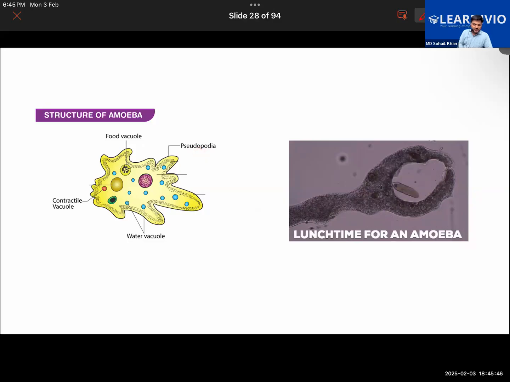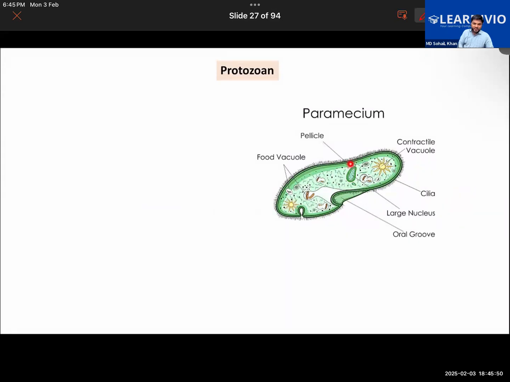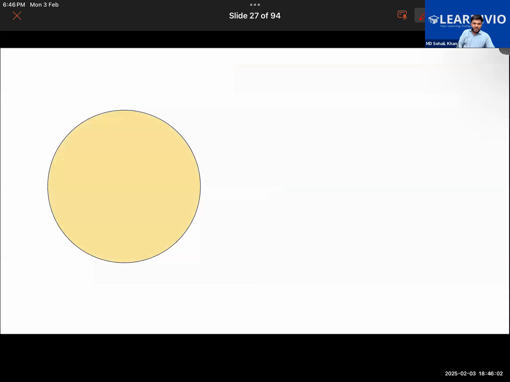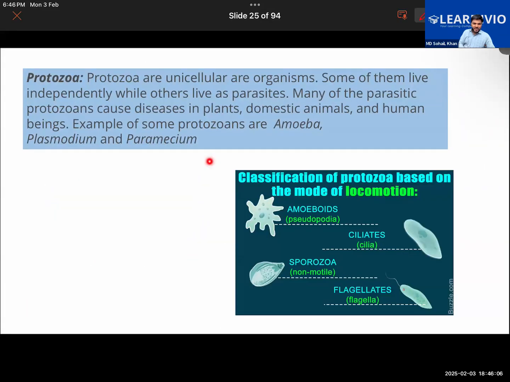Then further, paramecium also has hair-like structures, the cilia, with the help of which it is able to do locomotion and take in food. Since they are capable of locomotion, they are referred to as animal-like organisms. Getting it, everyone? They are referred to as animal-like organisms.